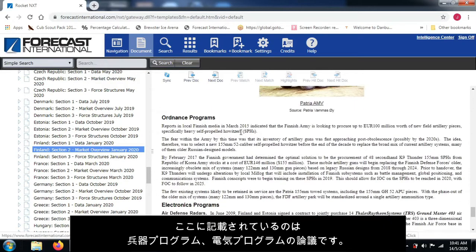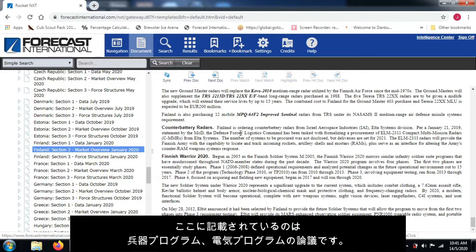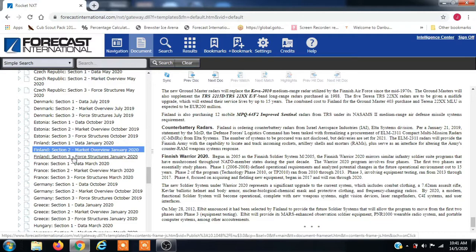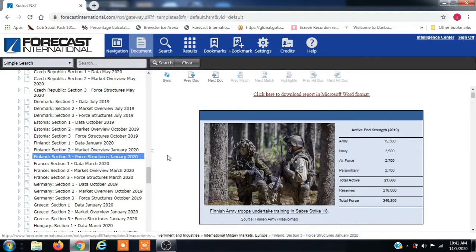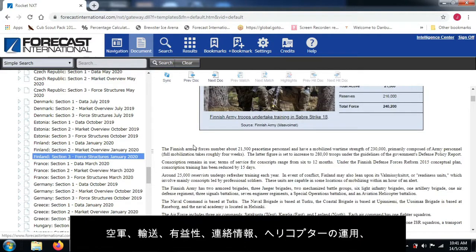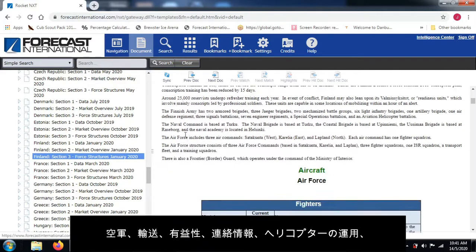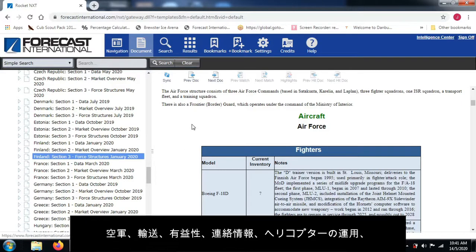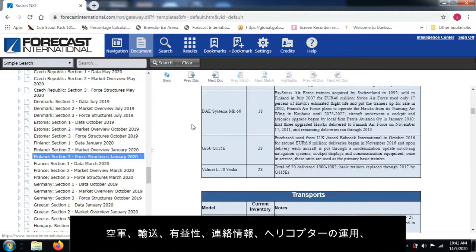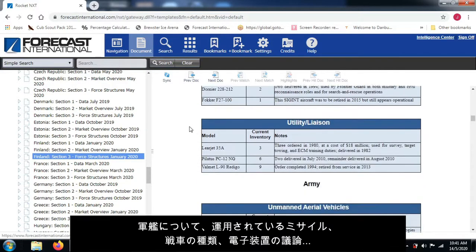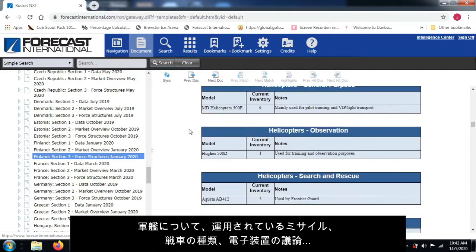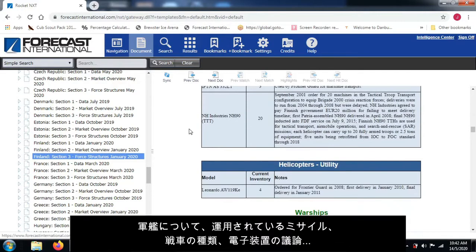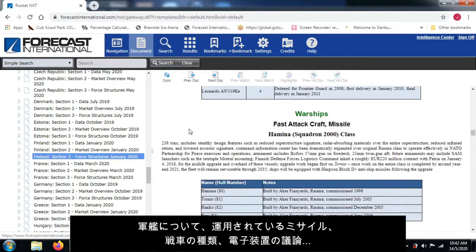Discusses ordnance programs, electronics programs. Click on force structure, and here we have basically a very literal interpretation of that title of this document, the force structure. We talk about the Air Force, its trainers, its transports, its reconnaissance, utility and liaison. We see they operate mostly helicopters.